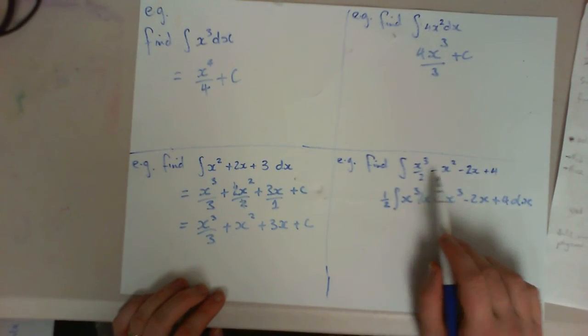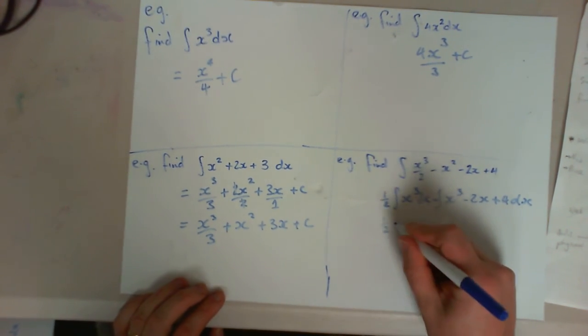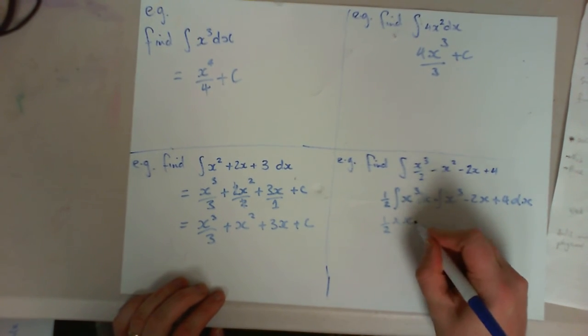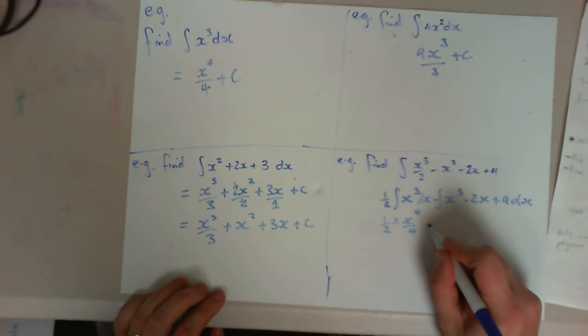So I've simply split it into two parts. I've taken the half out the front. Now you don't necessarily have to do it this way, I just want to really illustrate a point here. So we've got our half now, and I'm going to raise my 3 to a 4 and divide by 4.